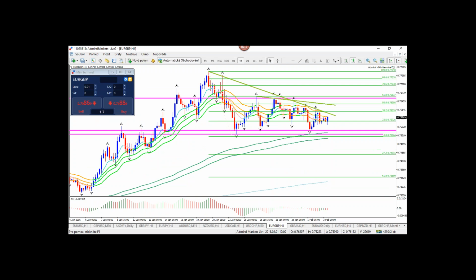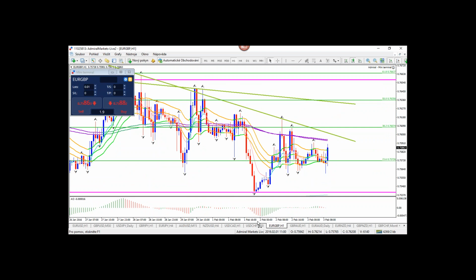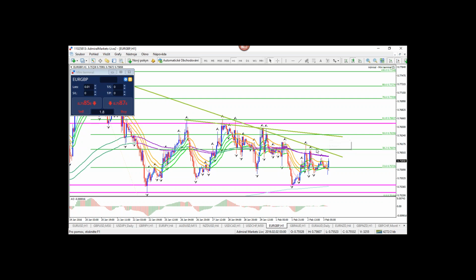Well, perhaps, I mean, one could speculate on a continuation of the trend by trying to take a long in here. Still, I think resistance is pretty close. I'm not sure about that.